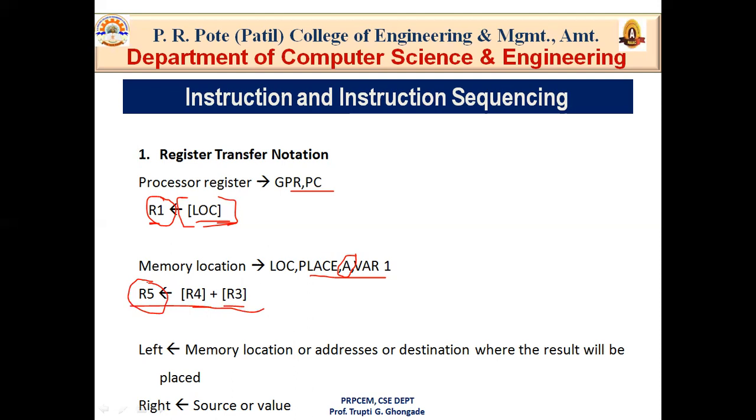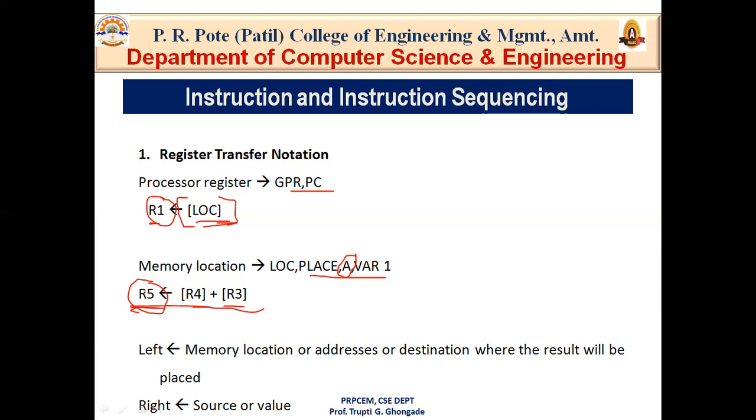By using register transfer notation, we have to remember one thing about the format. The leftmost side, that is R5, denotes the memory location or address, or we can say the destination, where the result will be placed.